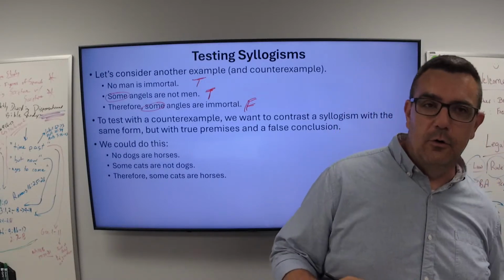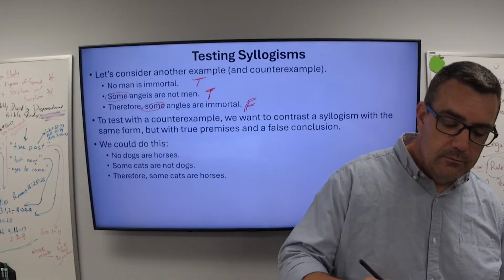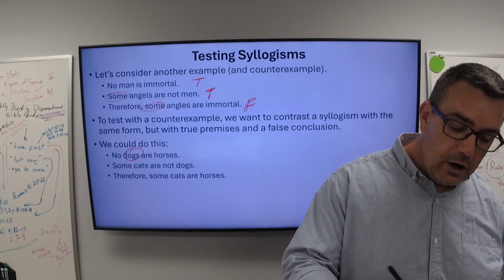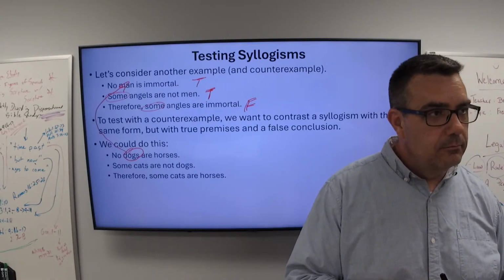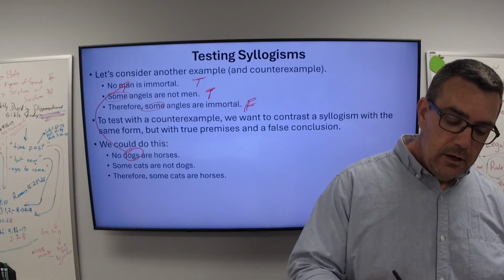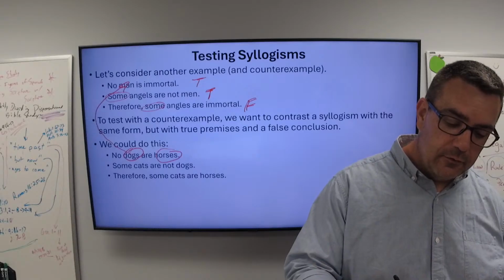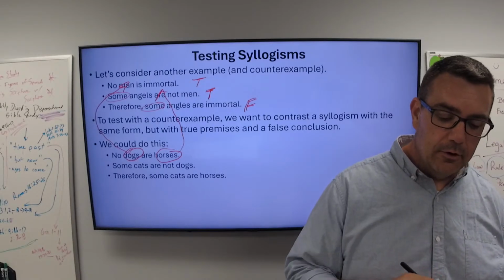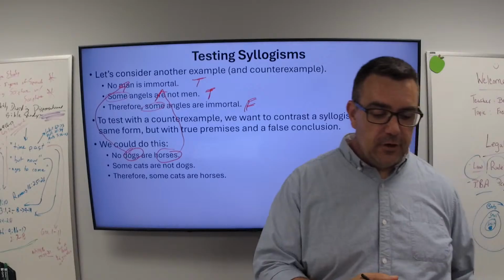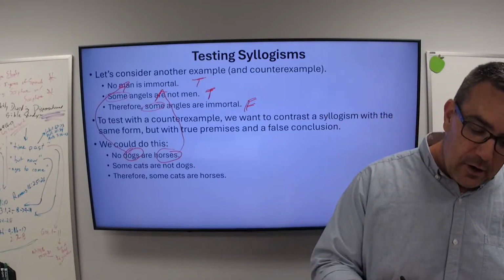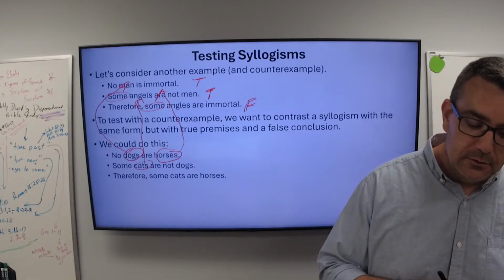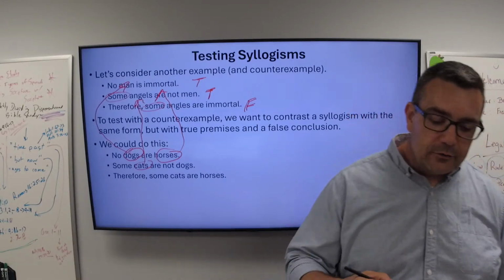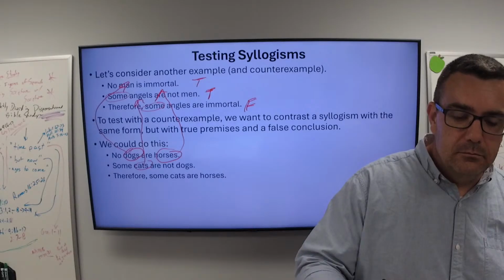We could do this. No dogs are horses. So we're substituting dog for what? Man. And we're substituting horses for what? Immortal. Some cats are not dogs. So we're substituting cats for what? Angels. So, no dogs are horses. True or false?